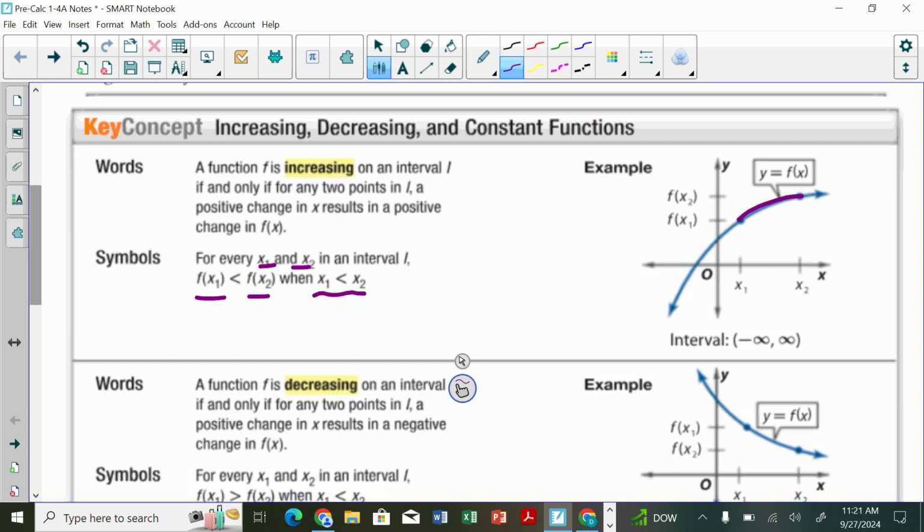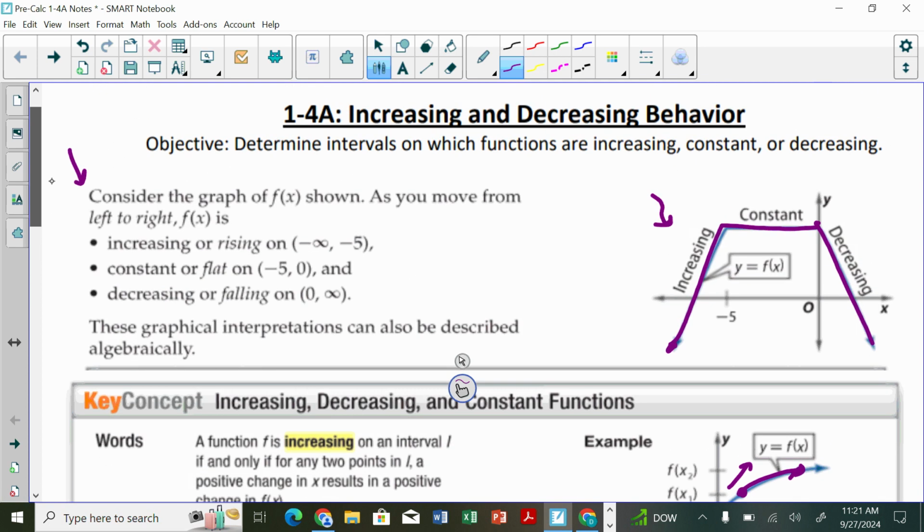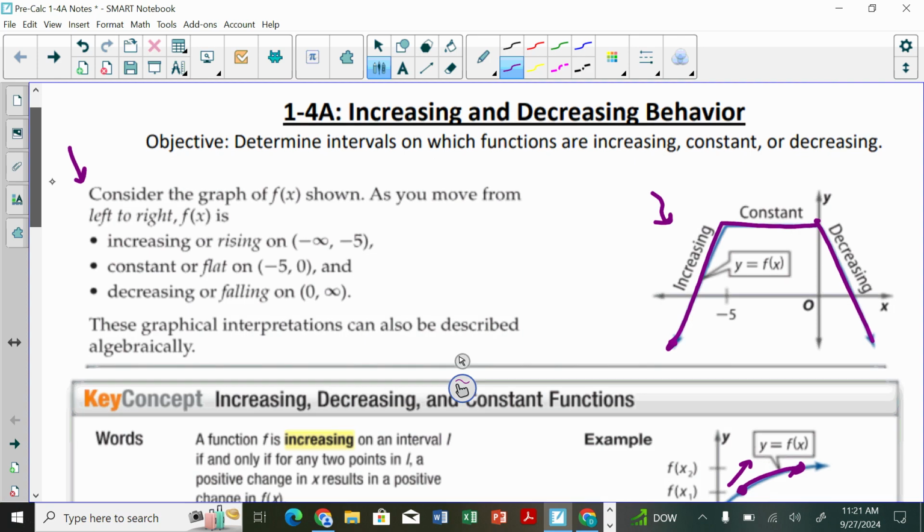From here, you can see if we go from x1 to x2 here, we went upwards, so we're rising. Sometimes when we use all these variables, x1s and x2s, it gets a little confusing. But basically, we just think about what we did up here. If it's rising from left to right, it's increasing. If it's falling from left to right, it's decreasing. If it stays the same, it's constant.